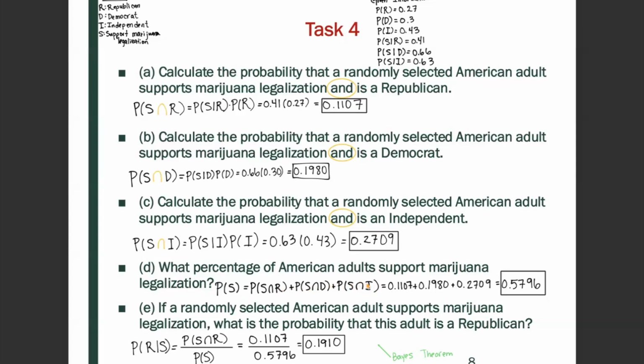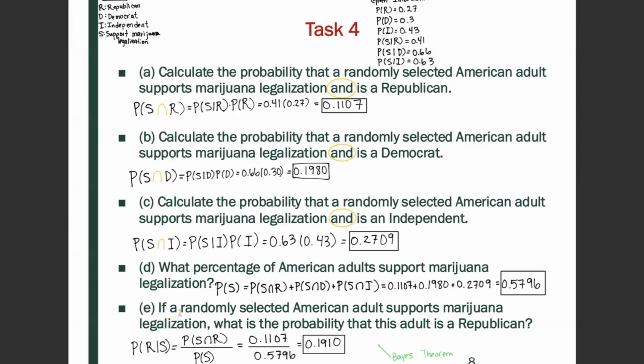So if you add those together, that would give you the probability that you support marijuana legalization. So we already found all these three values. This was from part A. Probability of S intersect D is from part B, and then the probability of S intersect I is part C. So if you add those values together, you get 0.5796.